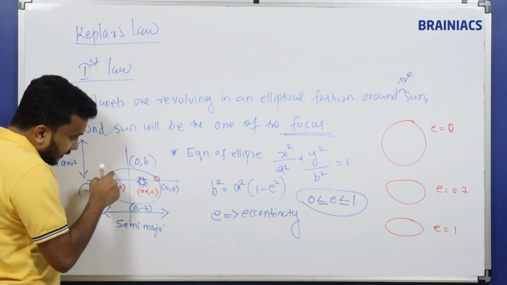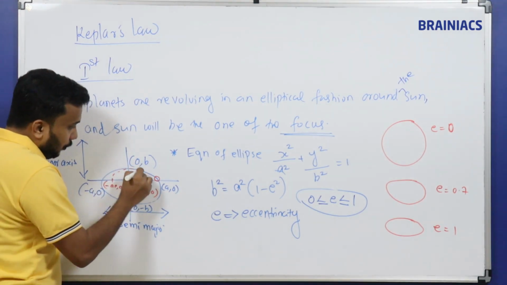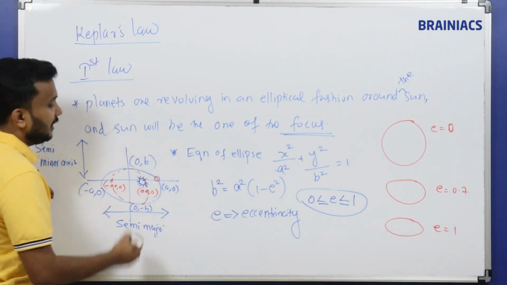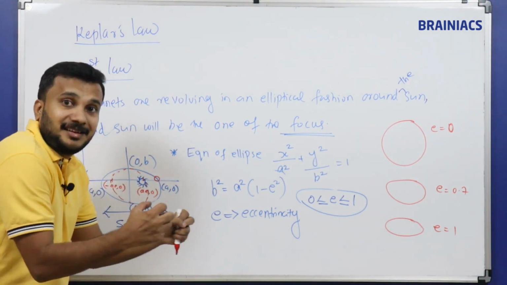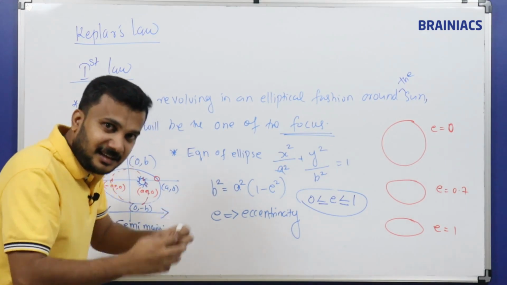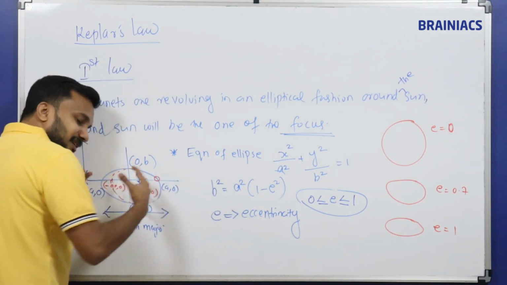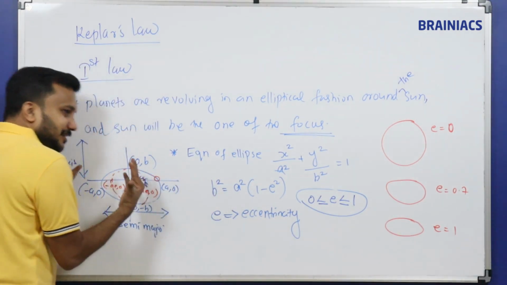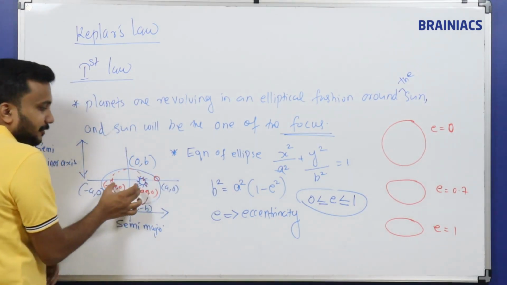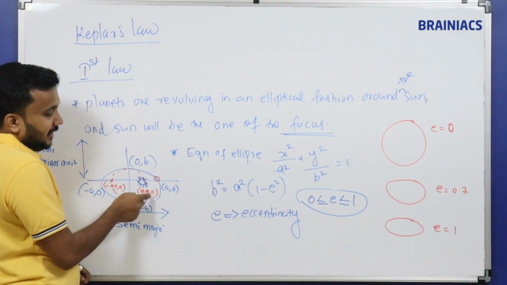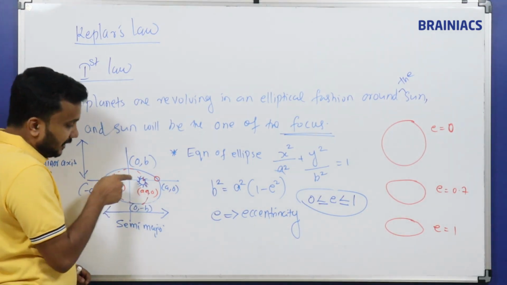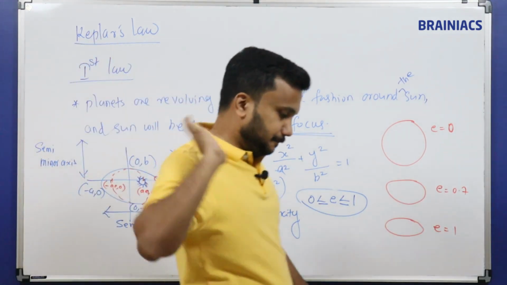Now if you take this point and draw the path, it looks like a circle. As you shrink the eccentricity, you are shrinking the ellipse and getting a perfect circle, and the circle passes through the points (ae, 0) and (-ae, 0), and these points are called the foci.